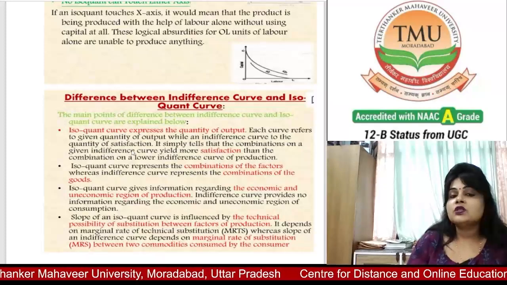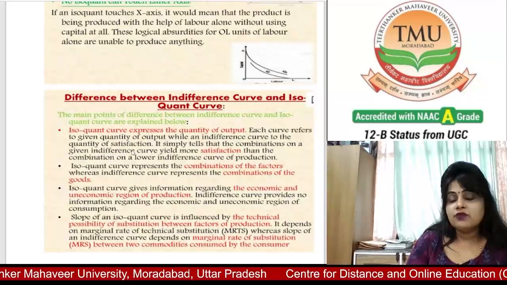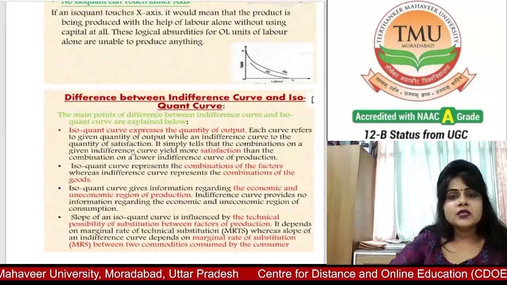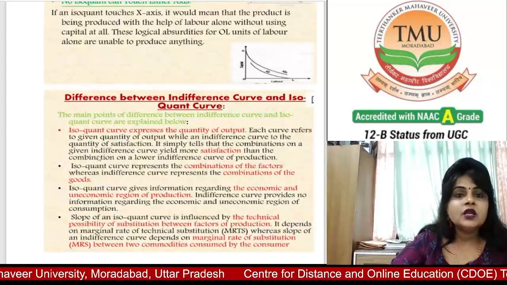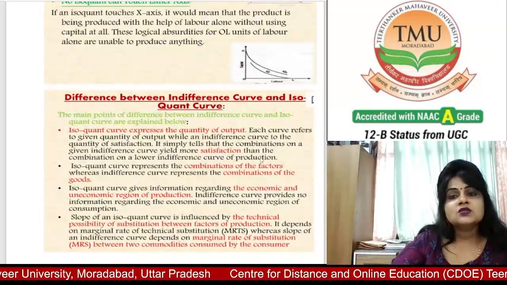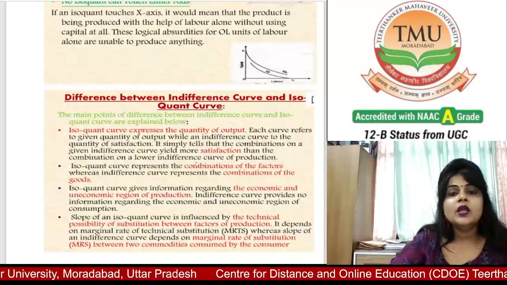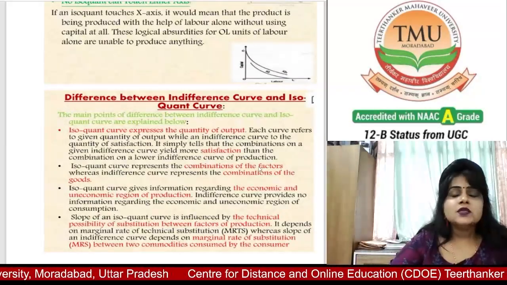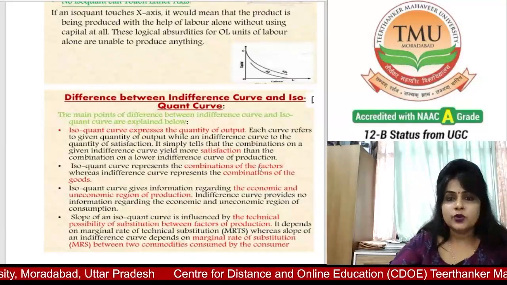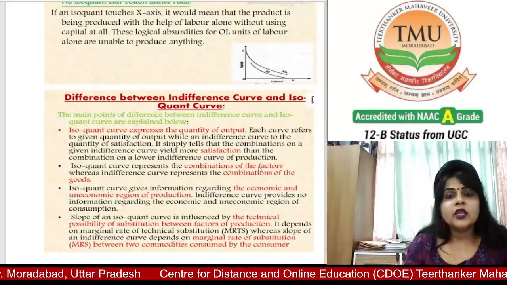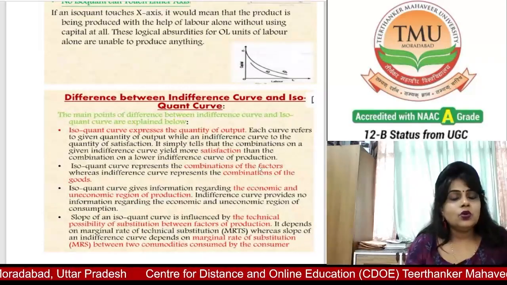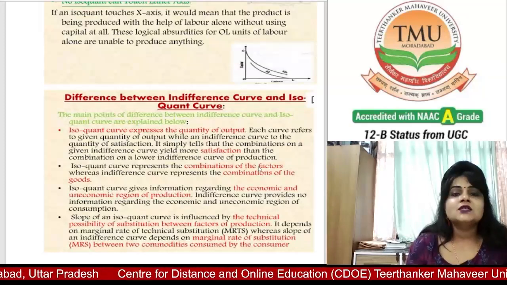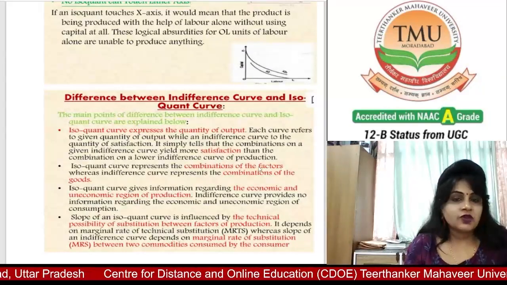Indifference curve says, for a given quantity of satisfaction, how much satisfaction a consumer gets. It simply tells that the combinations on a higher indifference curve yield more satisfaction than the combinations on a lower indifference curve. So the isoquant curve is related to the producer and it says the quantity of the output, and the indifference curve is related to the consumer's choices, so it tells about the satisfaction.